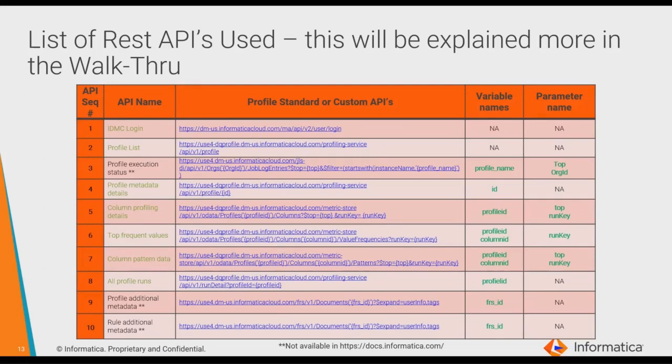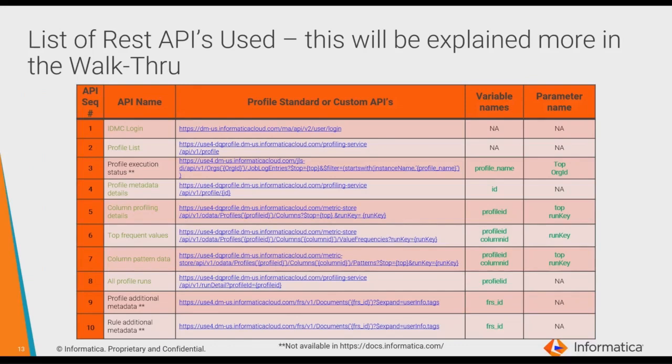The first thing that we do is the login, then we do the profile listing. So we have an API for profile listing, and then we have profile execution stat, to get the profile run information.